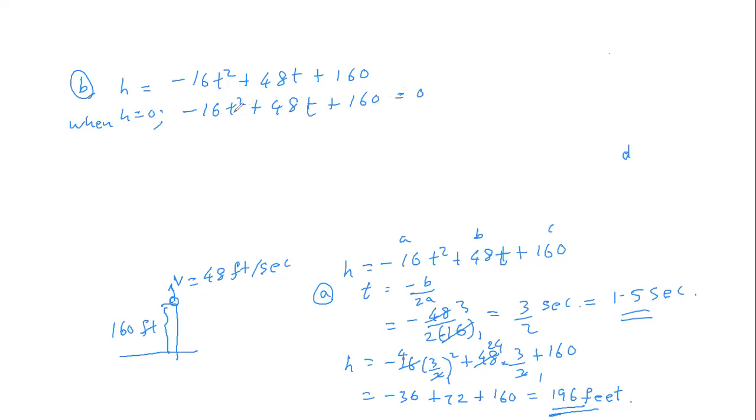We can divide the whole thing by negative 16. Then we get t square minus 3t minus 10 equal to 0.